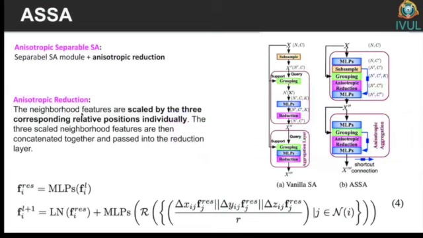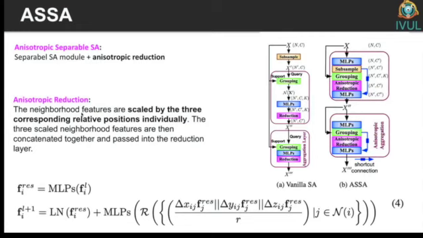Given point features, we process them by shared MLPs. We then query the neighborhood for each point. We scatter the neighborhood feature by the relative position of the neighborhood points to the center point. We concat the three scattered features together.